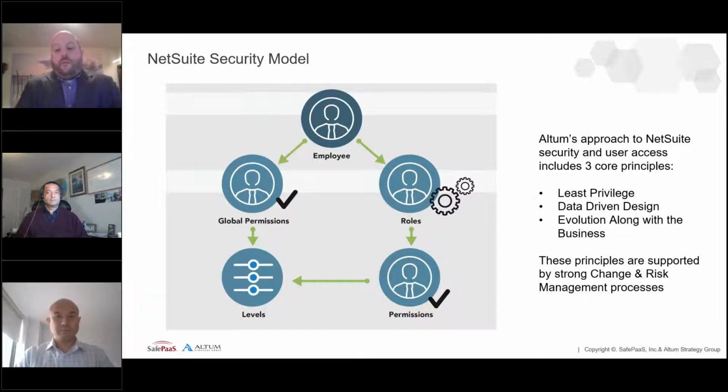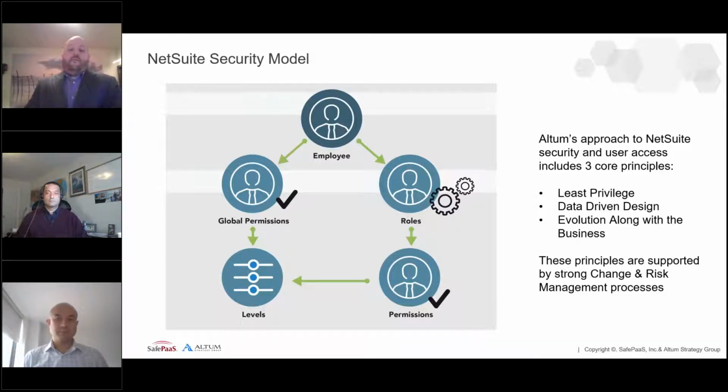The way we do that is using three core principles. Least privilege, making sure that the business has enough to operate, but also managing the day-to-day access using tools like the SafePaaS Firefighter tool to pull away some of that access that they may need in an emergency, or what some organizations call a break glass type of scenario.